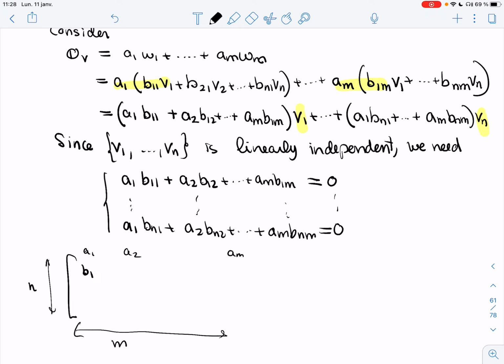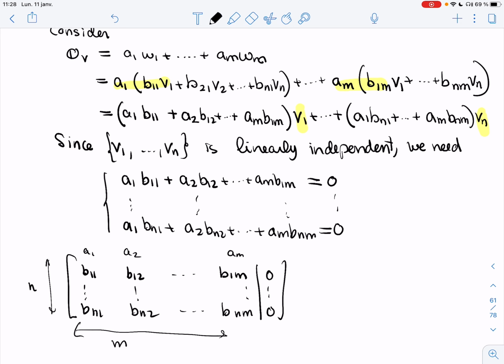So the first row is for B11, B12, B1M, and then I'll have Bn1, Bn2, Bnm. And I want this to be equal to 0. All right, sorry for the confusion with the indices. Hopefully everything is clear now.